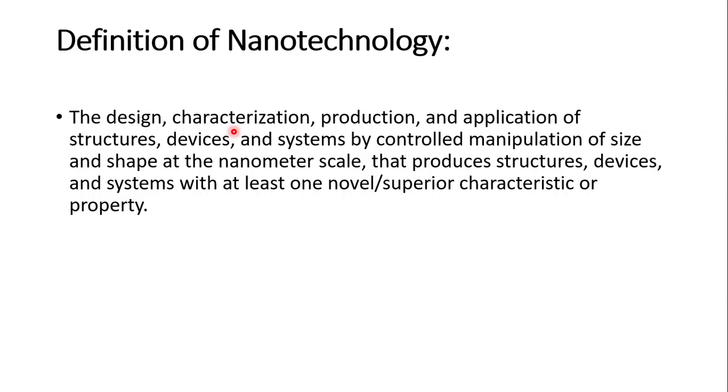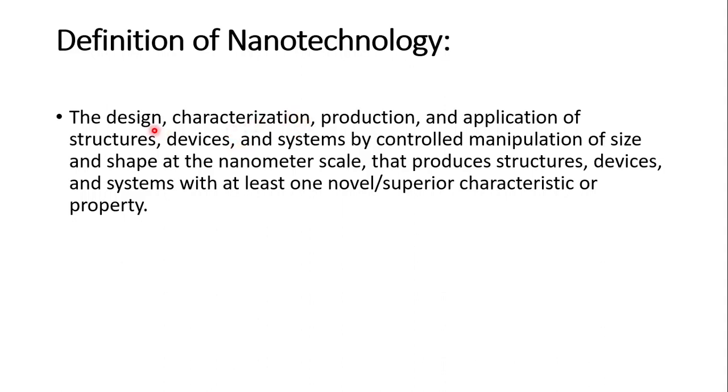So in case of nanotechnology, characterization is very important. Characterization is actually studying the nanoparticle, which can be done by advanced techniques like AFM, STM. AFM is atomic force microscopy, STM is scanning tunneling microscopy. These are advanced forms of microscopies that can help to see the structure atom by atom. So actually nanotechnology is all about atomic manipulation that I will be discussing in my further slides.